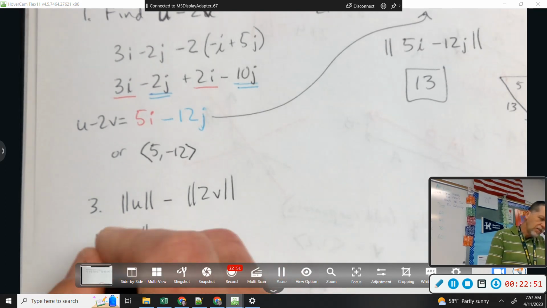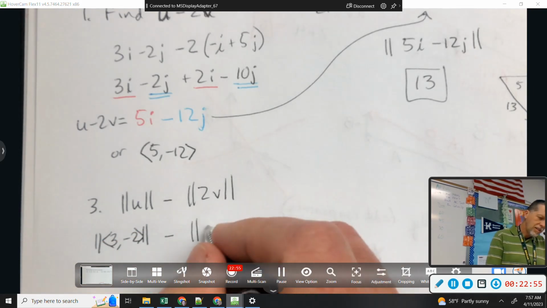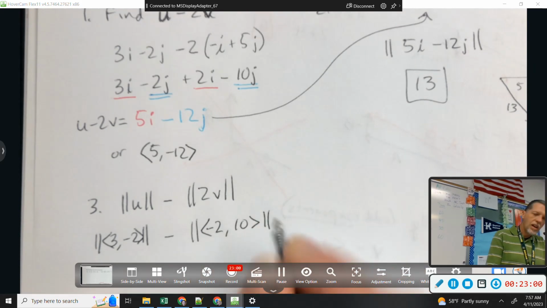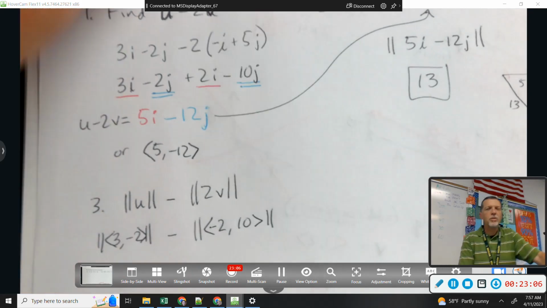So the length of 3, negative 2, minus the length of negative 2, 10. And I switched back to parentheses rather than i's and j's, because it doesn't matter. You can use either one you like.